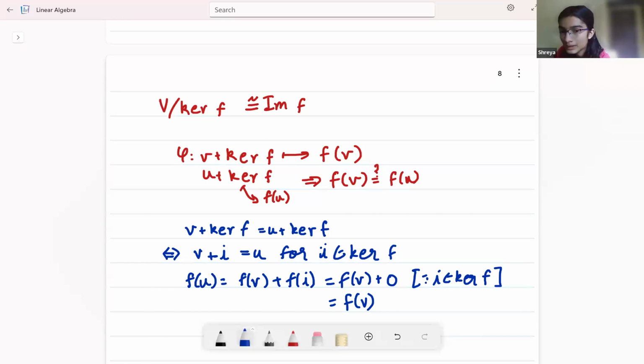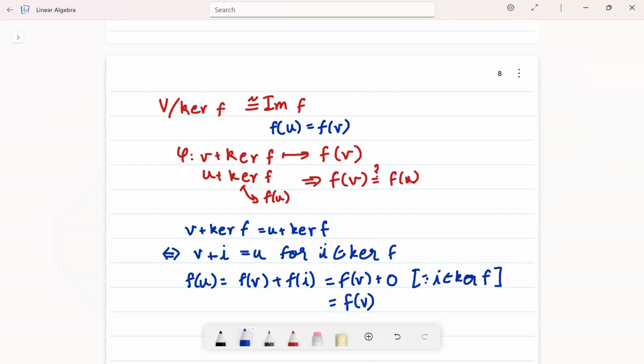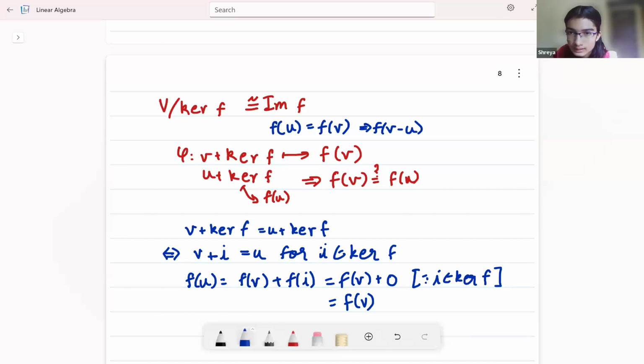If u plus kernel goes to f of u, and v plus kernel goes to the same thing, then f of u is equal to f of v. So we can say f of v minus u is equal to 0.